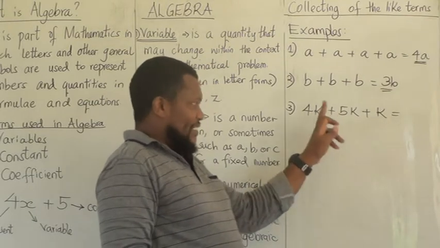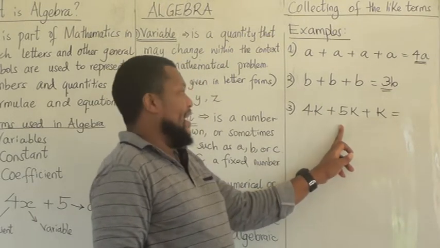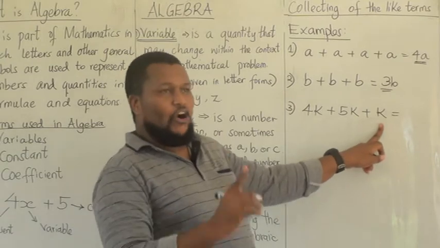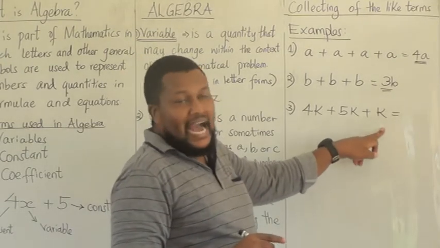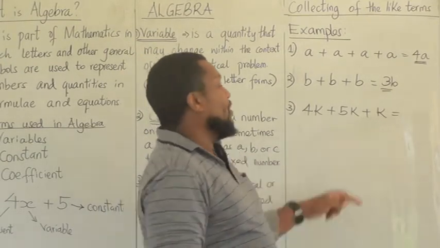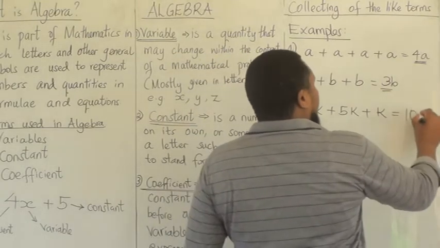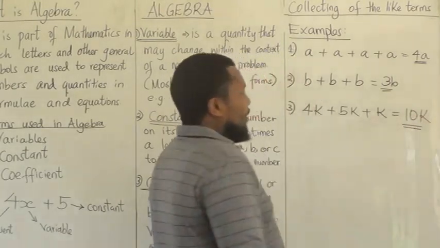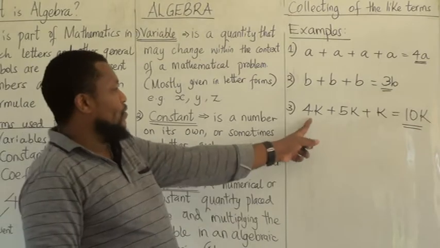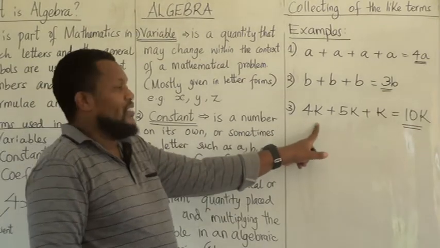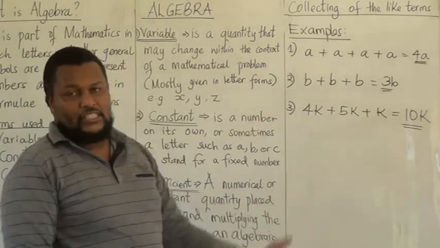You will get 9K. Since this one is starting on its own as a constant, we add it as a whole, we will get 10K. Therefore, we can use coefficients and variables together and a constant alone.